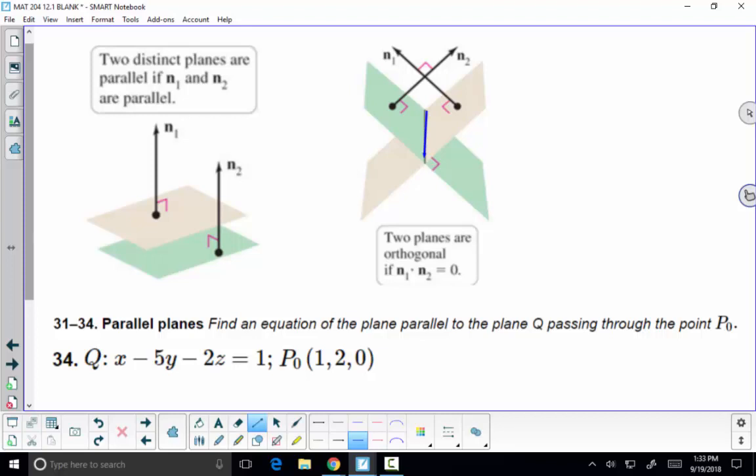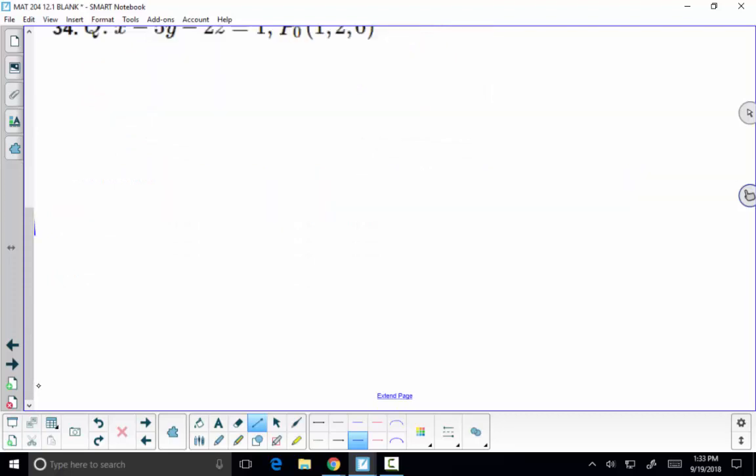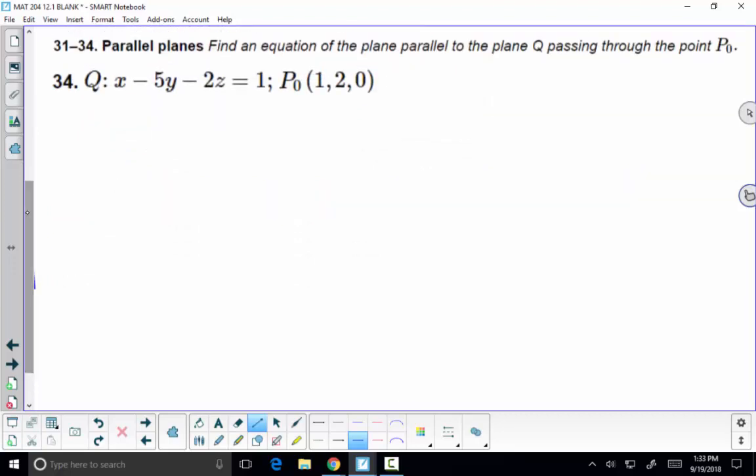Okay, so let's try this one. Parallel planes. You guys try this one. You want to find a plane that's parallel to plane Q that contains the point P naught, 1, 2, 0. Ready, go.